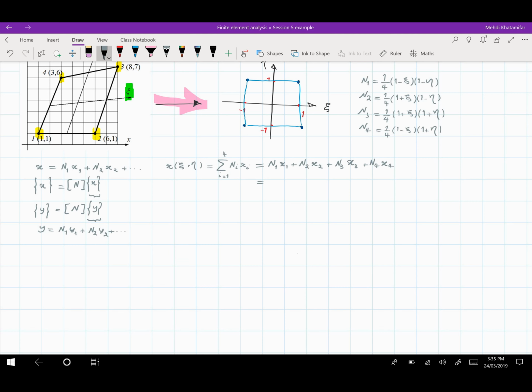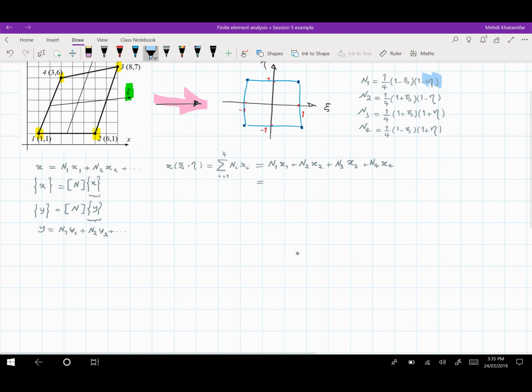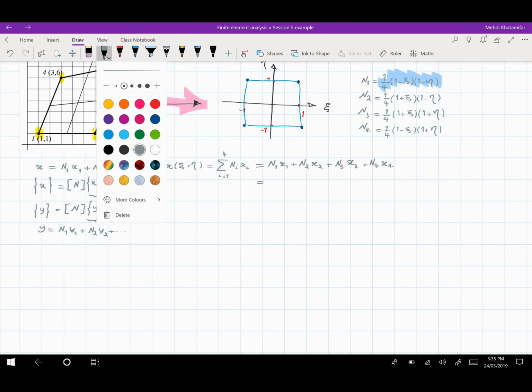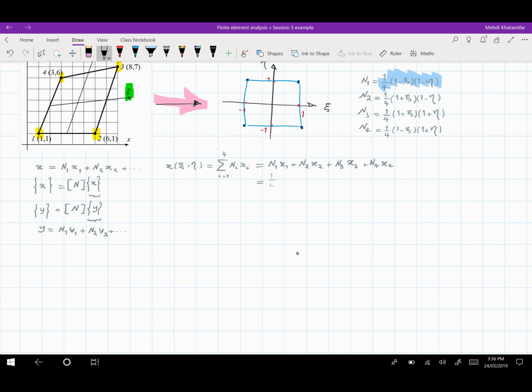So n1, which is this one, let's write it here. I'm going to use a little bit lighter color. So 1/4 (1 minus psi)(1 minus eta) times x1.